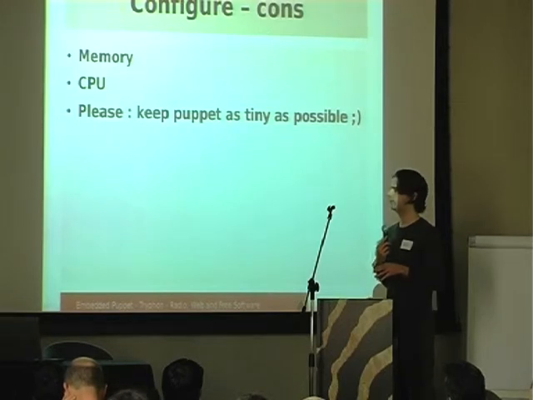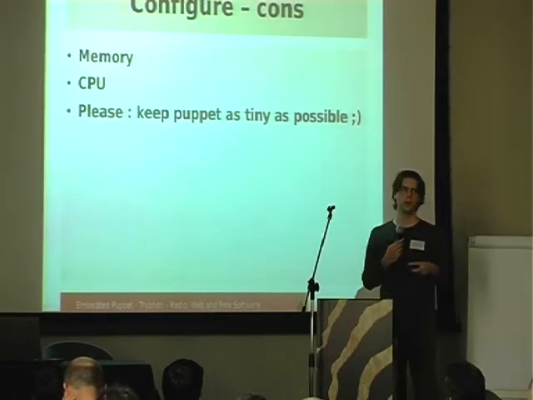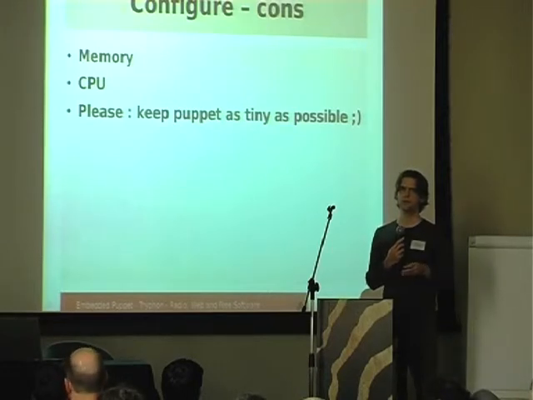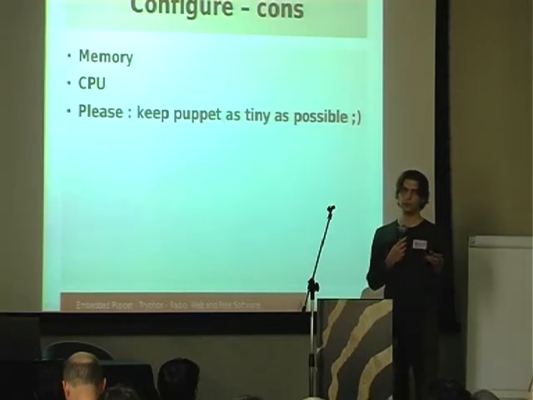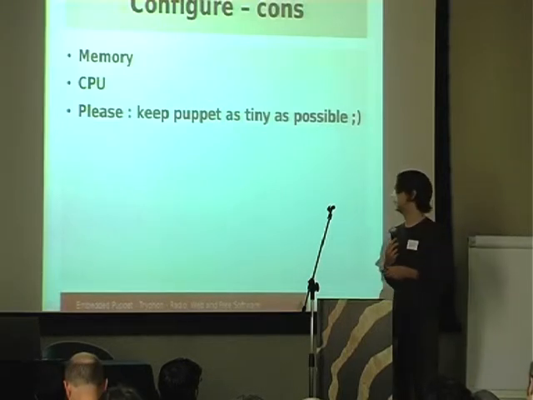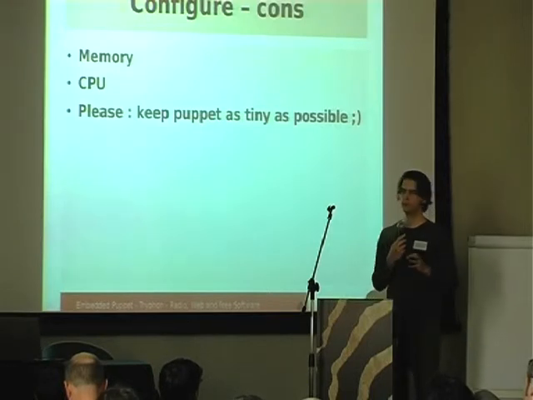On the small one, the first image is a Helix motherboard with half a gigahertz of CPU or something like that. On this platform, it's difficult to run Puppet without disturbing the running processes. Our processes are running audio, so if you have 1 second of problem, you have 1 second of wrong sound. So please keep Puppet as small as possible.